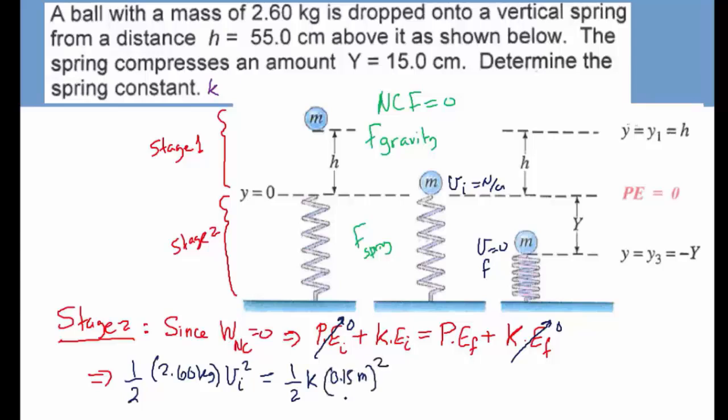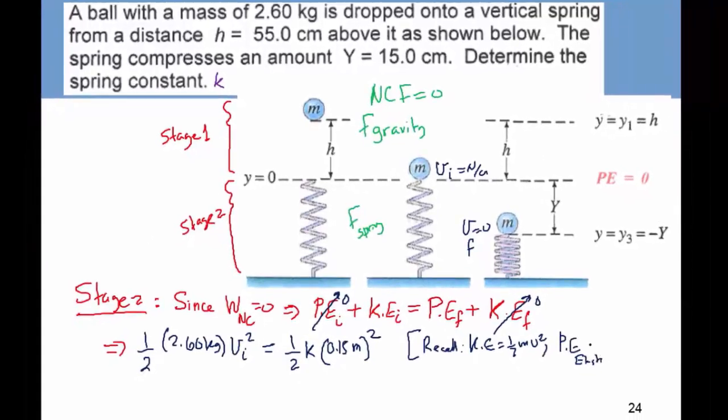This is all squared. Kinetic energy is 1/2 mv squared, and elastic potential energy is 1/2 k delta y squared in that case, because the change is in the y direction. Now notice here that we have two unknowns and one equation, so we cannot solve for k.